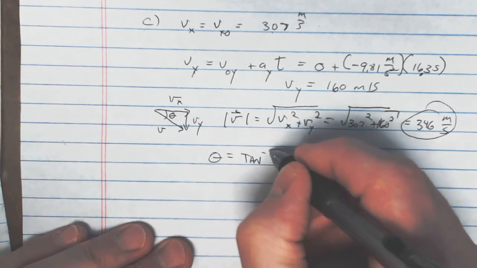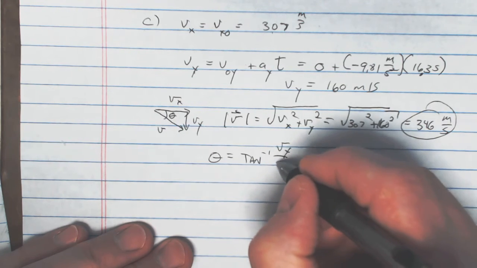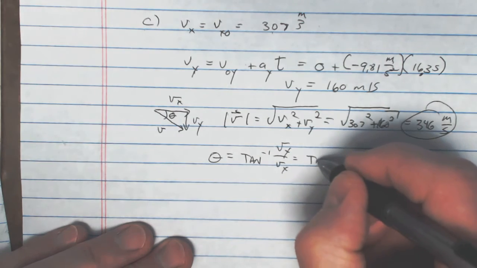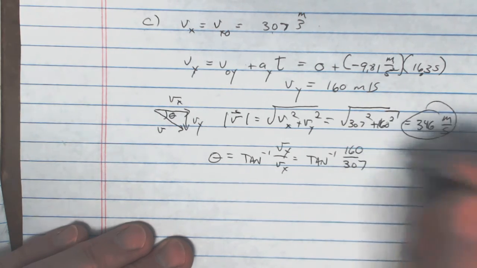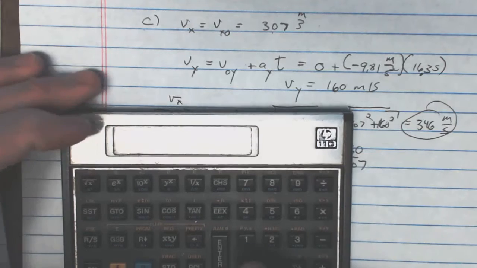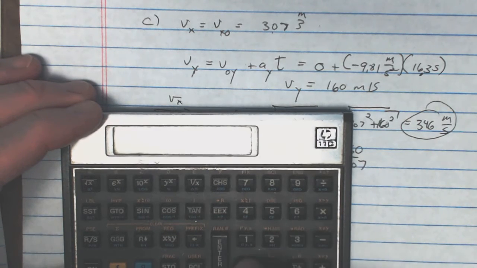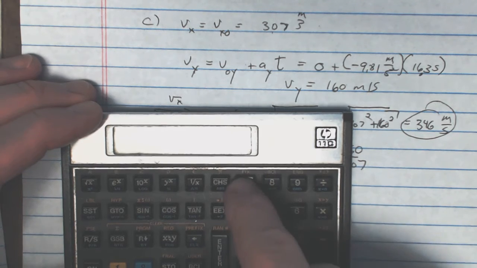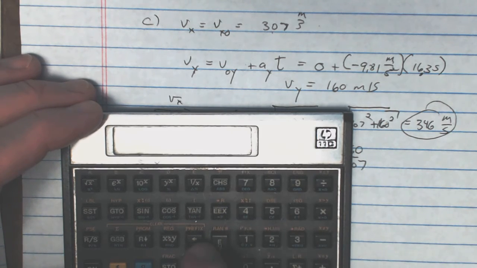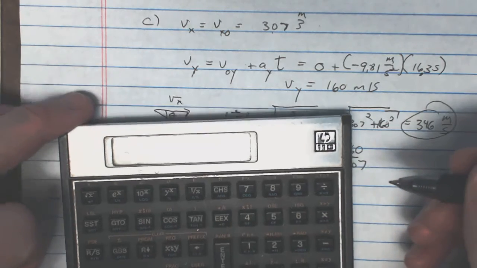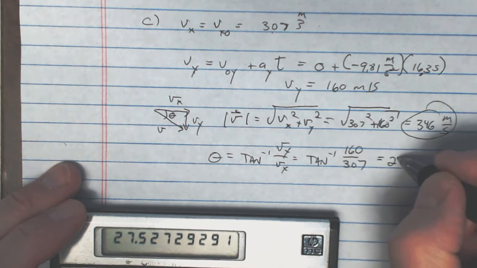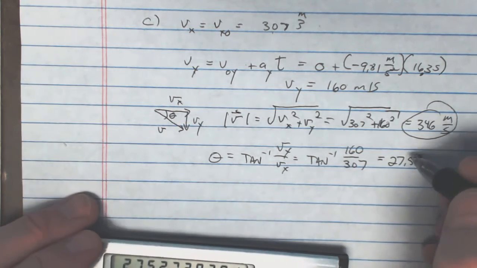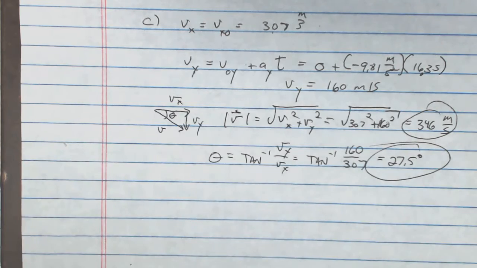That's just the arc tangent of vy over vx, or the arc tangent of 160 divided by 307, which is 27.5 degrees. Circle your answer and you're done with this problem.